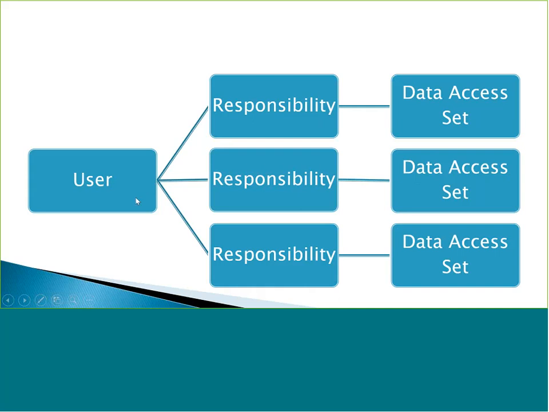In a real life implementation, perhaps a more realistic case would be a data access set, a responsibility, and then a user. These three different users would have different levels of access depending on what they do in the system.